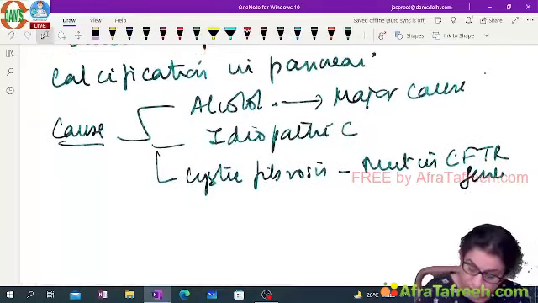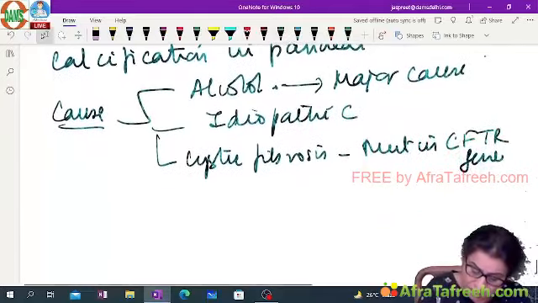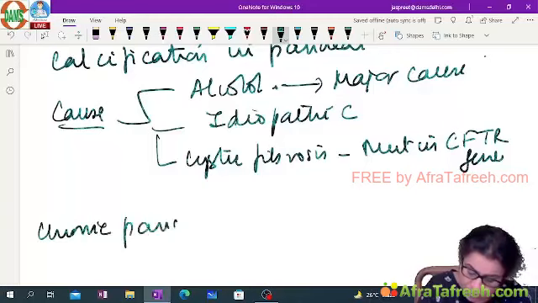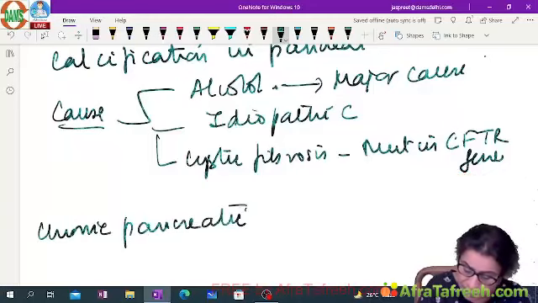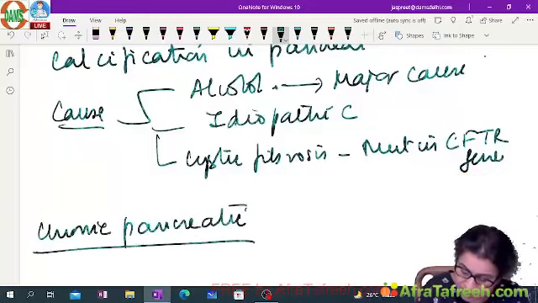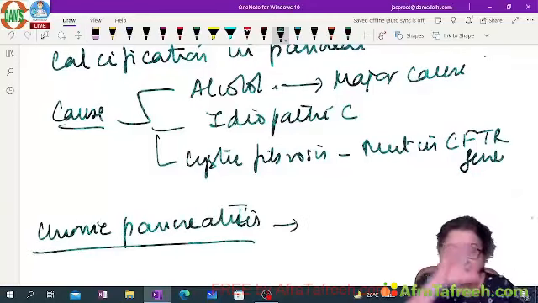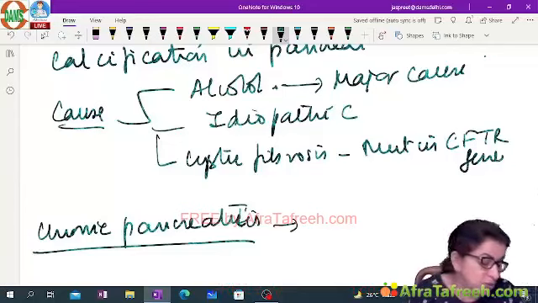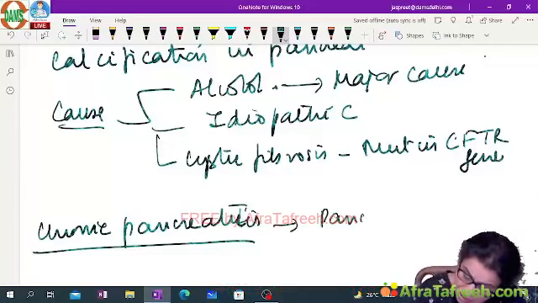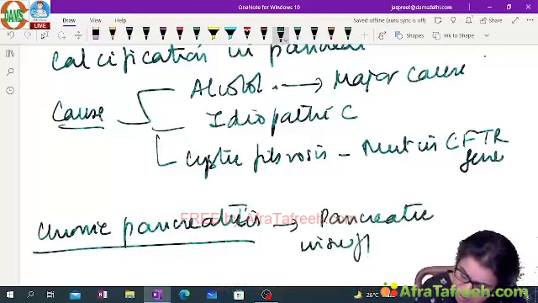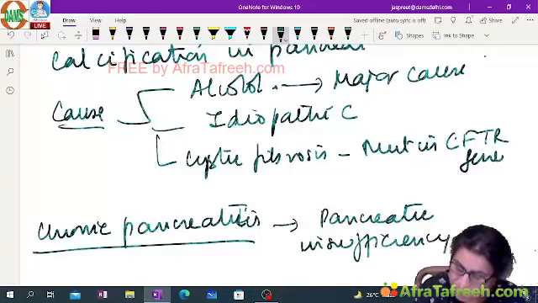Now, what does chronic pancreatitis lead to? Patients with chronic pancreatitis will not have pancreatic enzymes, because the acinar cells will undergo atrophy. This results in pancreatic insufficiency. What is pancreatic insufficiency?